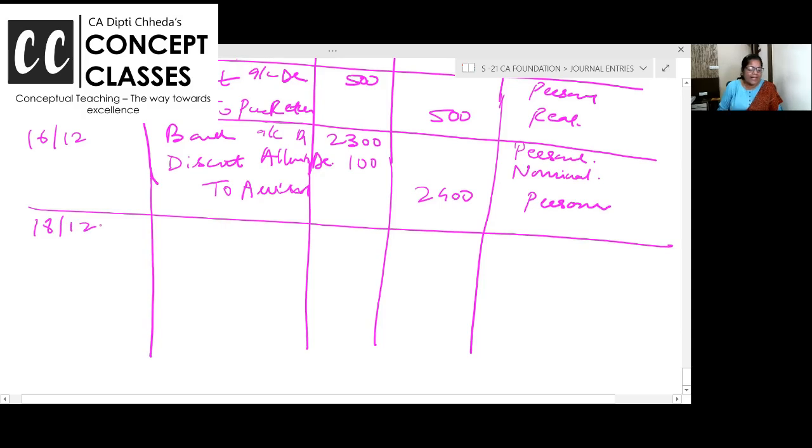Chalo, next one, the 18th. He withdrew goods for personal use. Drawings, whether you withdraw cash or whether you withdraw goods. Drawings account debit 1,000, to purchases 1,000.